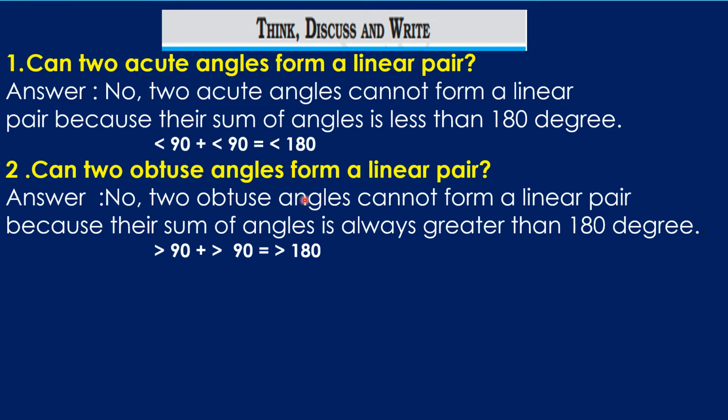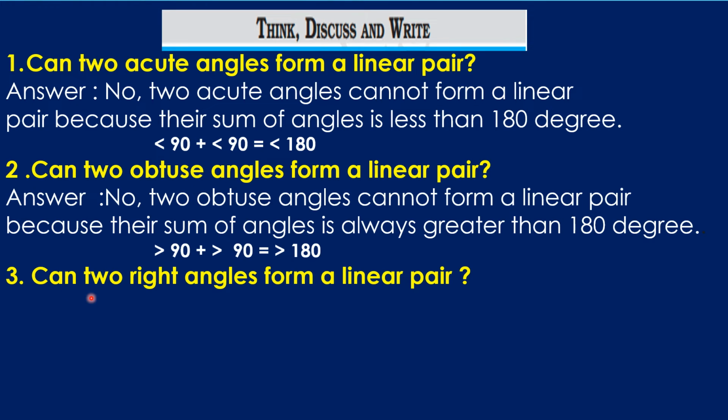Once again, angles are said to be a linear pair only when the sum of the two adjacent angles is equal to 180 degrees. In this case, the sum of the two obtuse angles is greater than 180 degrees. Therefore, the answer to the given statement, can two obtuse angles form a linear pair, is no.